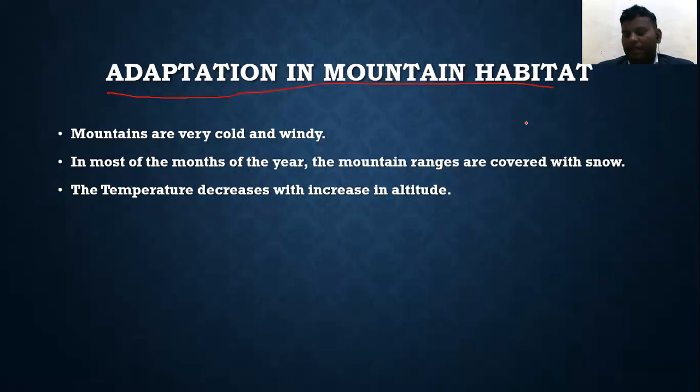This makes it difficult for plants and animals to survive there. In the mountain region, the temperature decreases with increase in altitude. The regions of lower altitude are warmer in comparison to the regions of higher altitude.